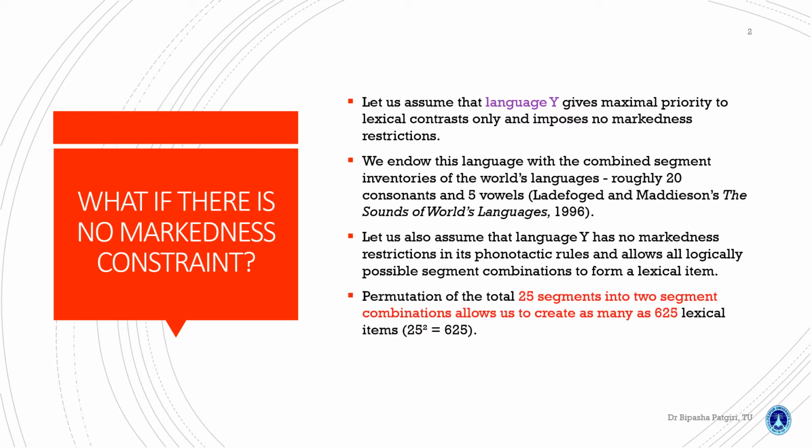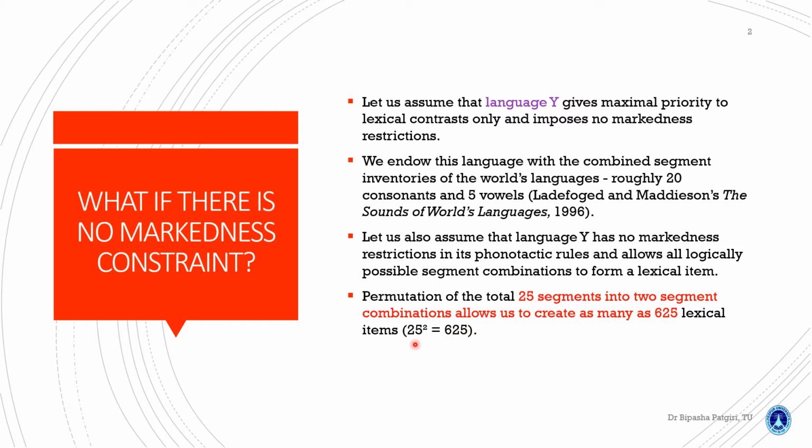So consider the permutation of the total 25 segments, that means the 20 consonants and 5 vowels. So we have 25 sound segments in this language. Let us have a permutation of the 25 segments into 2-segment combinations, which allows us to create as many as 625 lexical items.